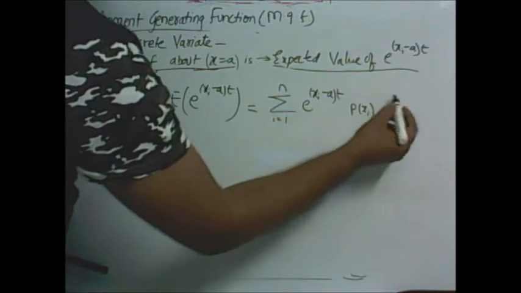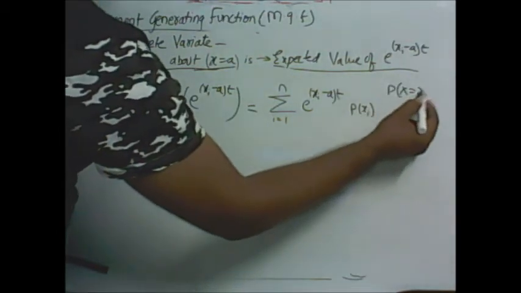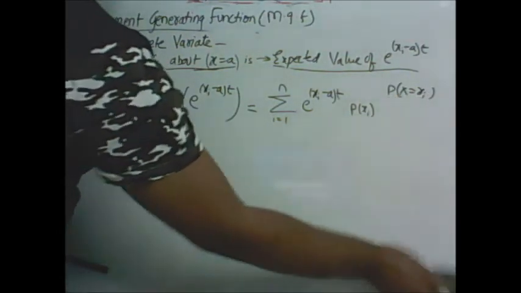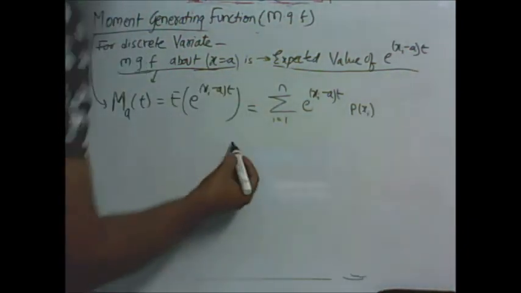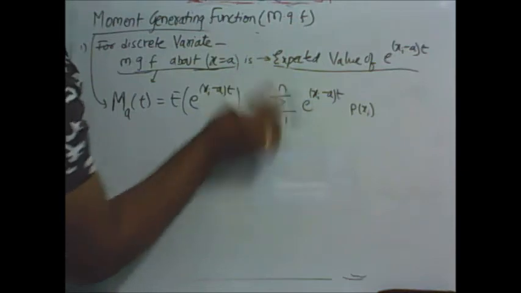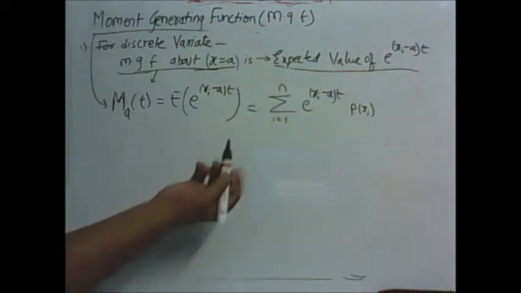I am writing in short p of xi instead of p of x equal to xi, so don't confuse. Instead of i equal to 1 to n every time, I will write just i.